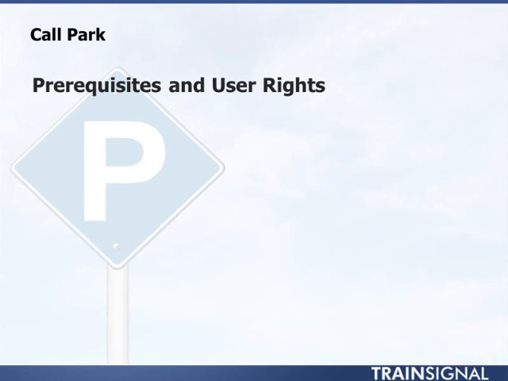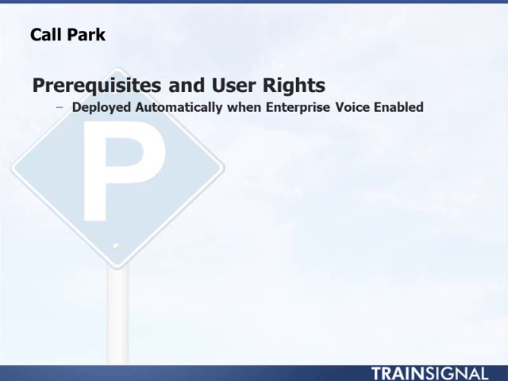To understand how Call Park works, we should understand the prerequisites for using Call Park and also the user rights that are typically assigned through role-based access control. In order to use Call Park, it requires that we have an application service that your Call Park app runs on top of. Well, we also need the Call Park application. We don't really have to worry too much about these, because as soon as we've enabled Enterprise Voice at Carverock Fitness, these were deployed automatically.